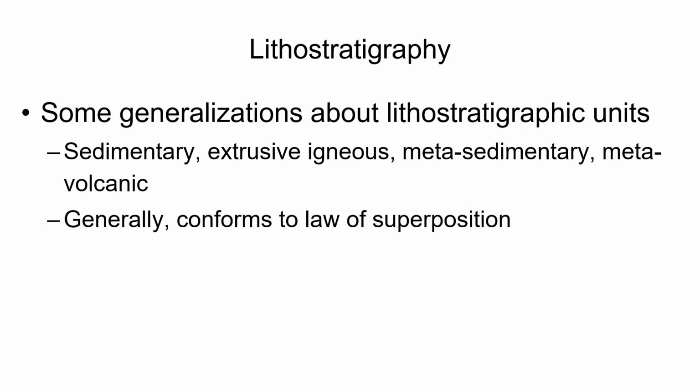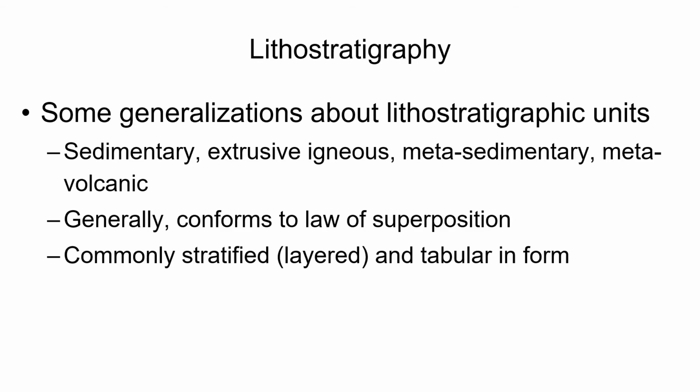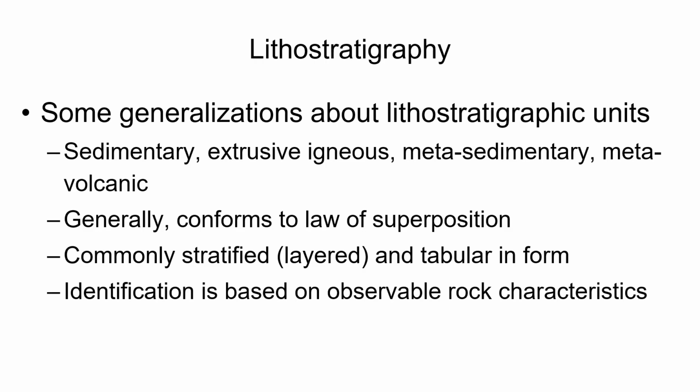Generally, our lithostratigraphic units conform to the law of superposition. There are exceptions, but generally speaking, superposition is the default approach. They're usually layered or stratified and somewhat tabular in form. There are some areas where, given original horizontality, we have to explain how rocks got stacked up at an angle, but usually we're dealing with basic tabular stratified layering.